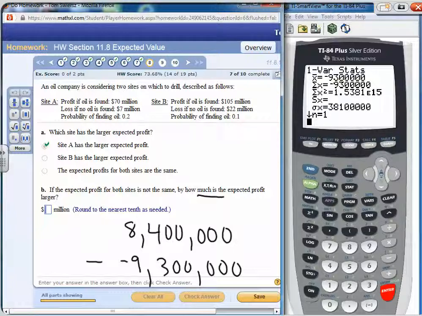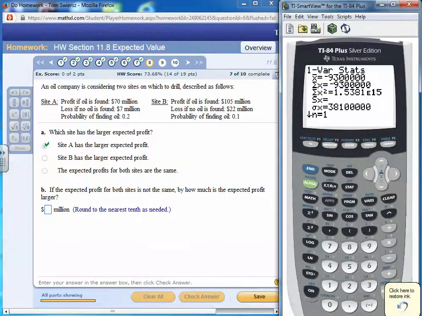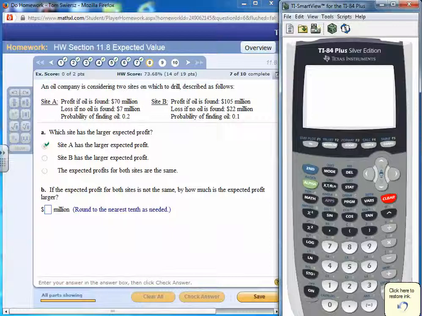To find the difference, we take the positive number, 8,400,000, minus a negative 9,300,000, and we get 17,700,000.